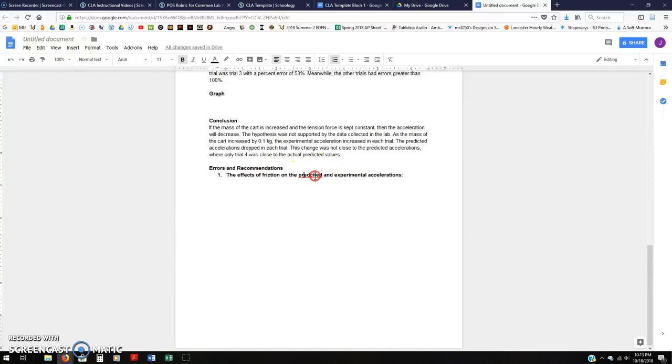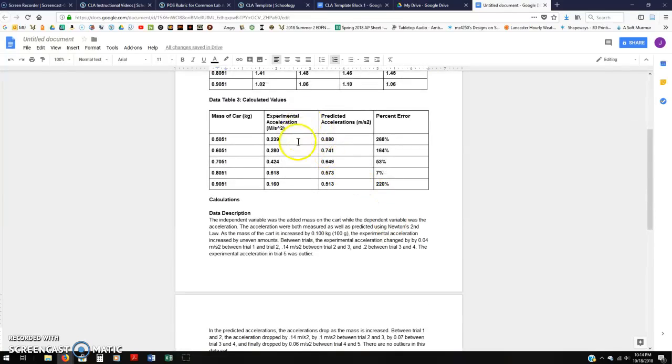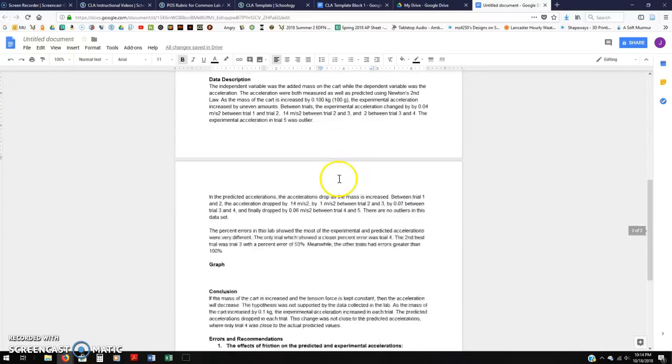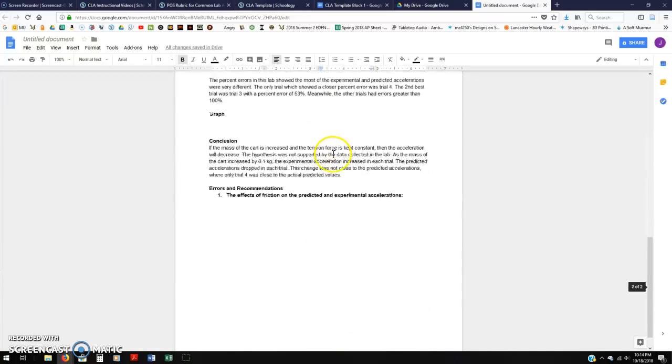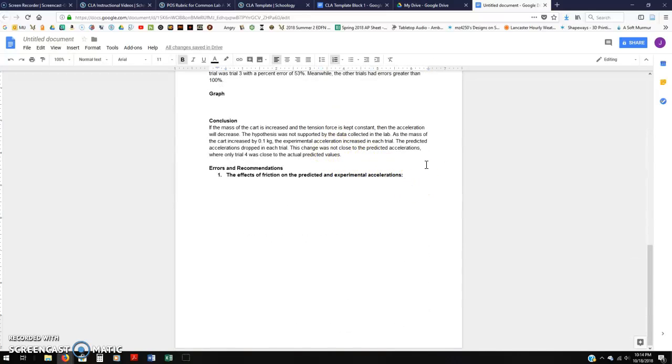Once we fix my typo, if you think about how this is going to work out, there is friction in the experimental acceleration, and we didn't include it in our idea for how to calculate the predicted acceleration. The big thing that's going to happen is that these are going to be higher than what they should be, because friction would act against the motion and slow things down a little bit, so we wouldn't see quite as high of an acceleration.